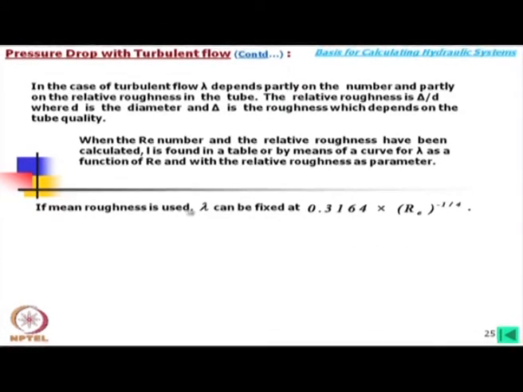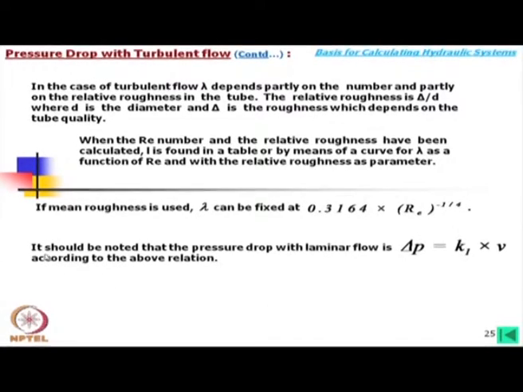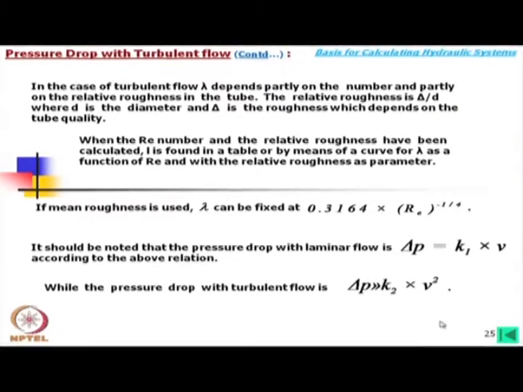If mean roughness is used, lambda can be fixed at 0.3164 into Reynolds number to the power minus 1 by 4. It should be noted that the pressure drop with laminar flow is del P equal to K1 into V, while the pressure drop with turbulent flow is del P equal to K2 into V square.